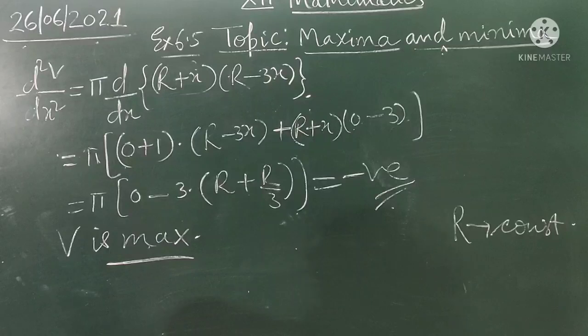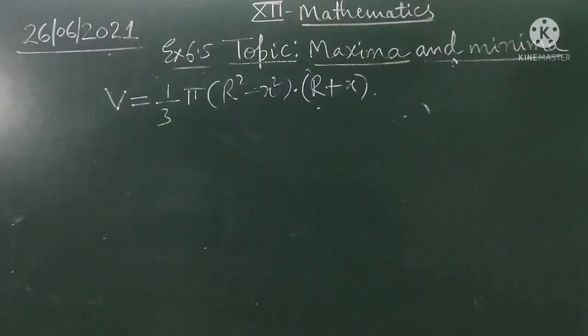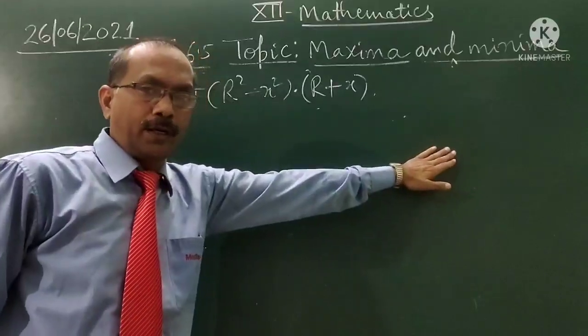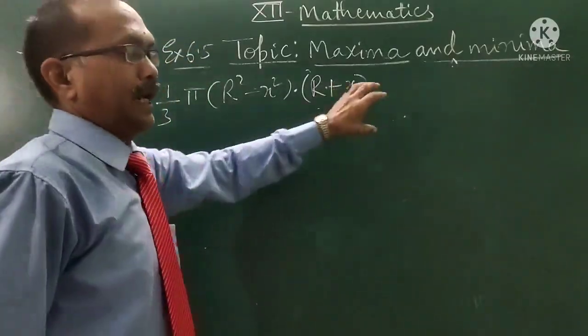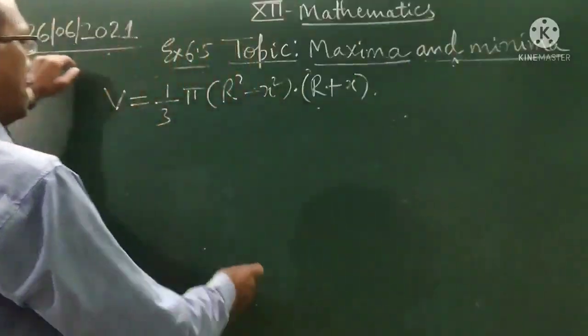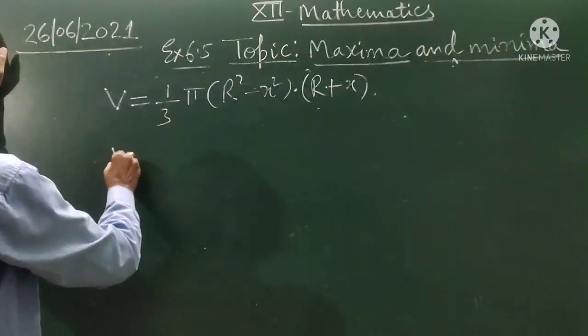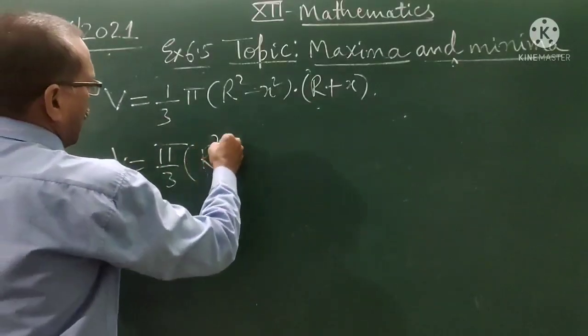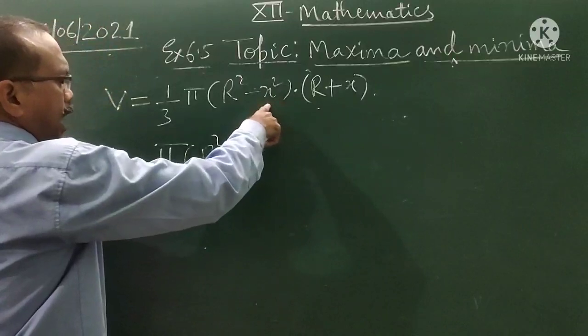Dear student, to find the volume of the cone, which is 8 upon 27 into the volume of the sphere, let us put the value of X in the volume of the cone. It is pi by 3 into (R square minus X square), X is R upon 3.